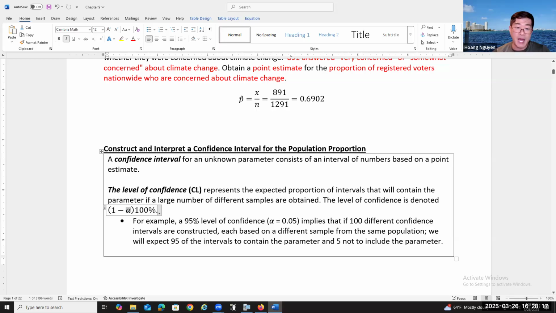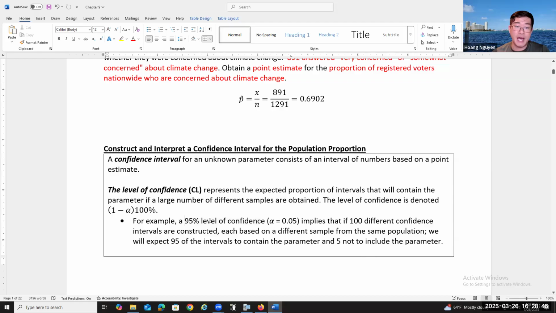So with a 95% confidence level, if 100 different confidence intervals are constructed, each based on a different sample from the same population, we expect that 95 of the intervals will contain the parameter and 5 will not include the parameter. That's what I mean by the level of confidence.